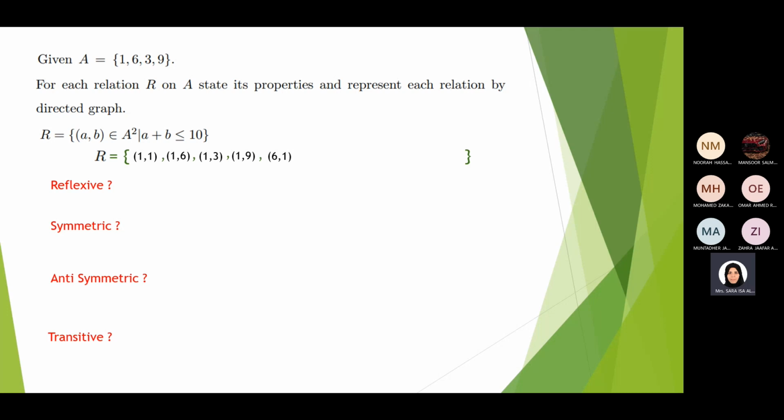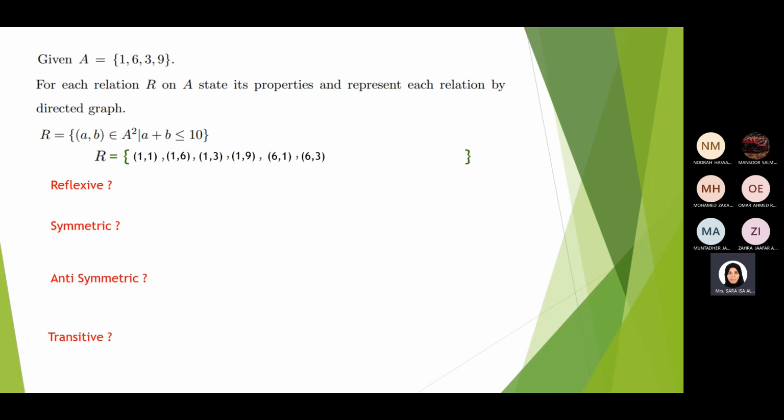So I will not include 6 6 in my R. Then I will check 6 3. 6 plus 3 is 9. 9 less than 10? Yes, I will add it. 6 9. 6 plus 9 is 15. 15 is greater than 10, so it will not be included in my R.